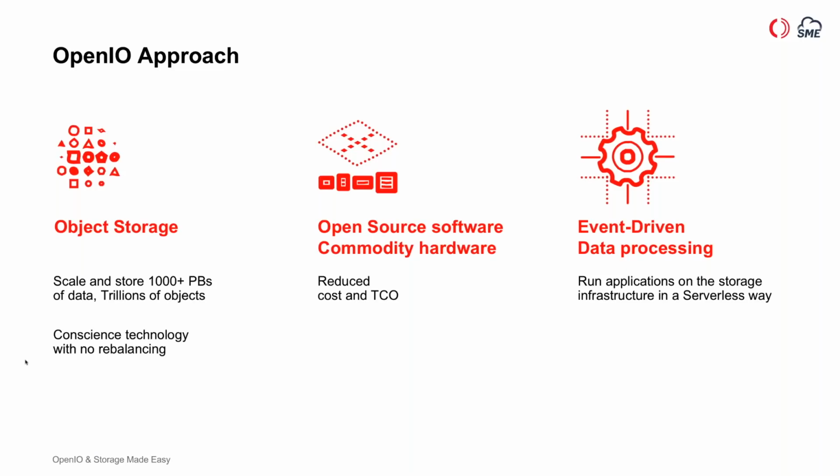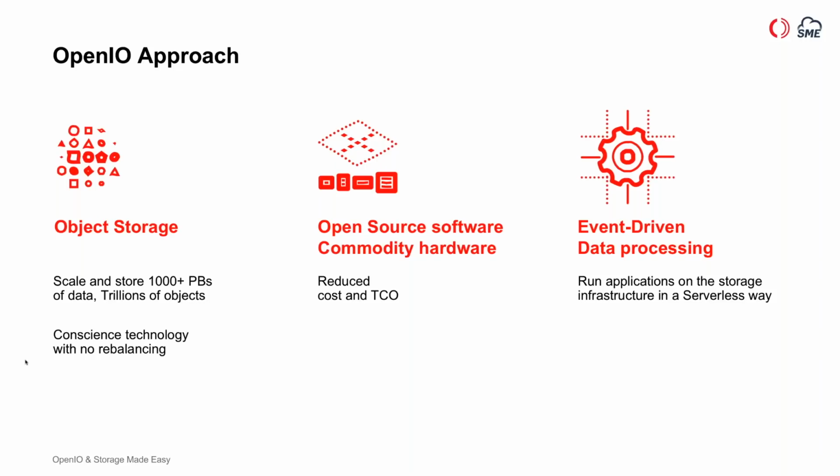We at OpenIO have these three important messages that are coming with our vision. One is that we do everything on object storage. It means that we can scale from 1 terabyte, which is probably the smallest installation you can have with our system, up to exabytes. And we have an important differentiator compared to other object storage in the market, which is called conscious technology, that I will introduce later in this presentation. But also we are open source.